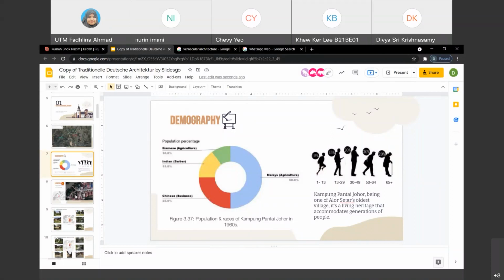I got this from the research they did in their measure drawing, and I also found in another website that in 1960 their economy is like this.